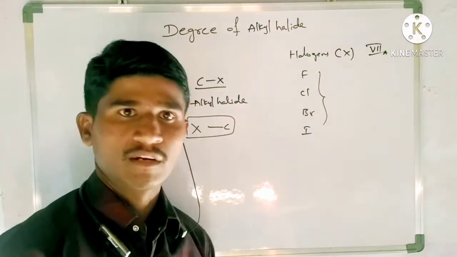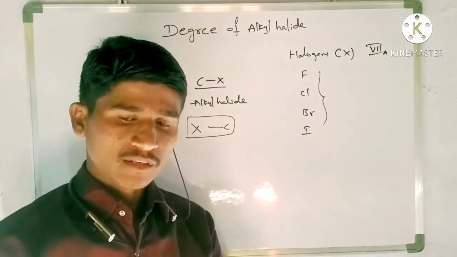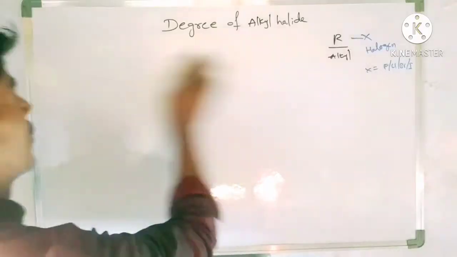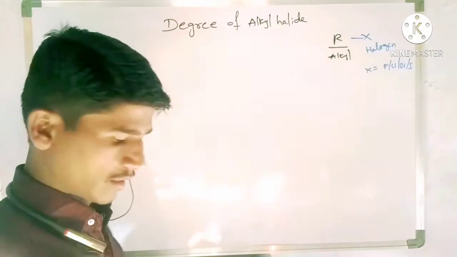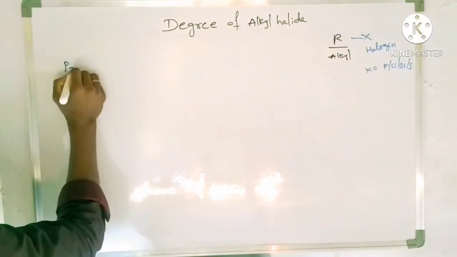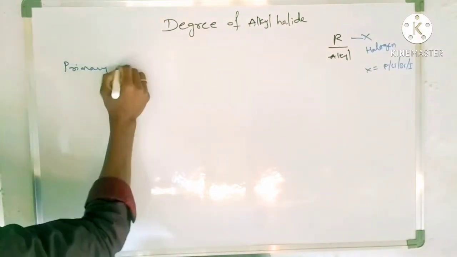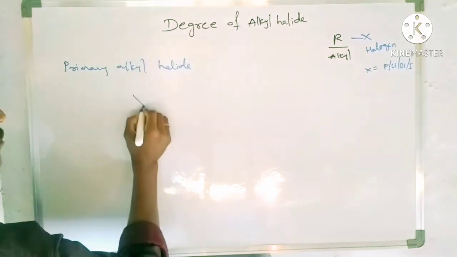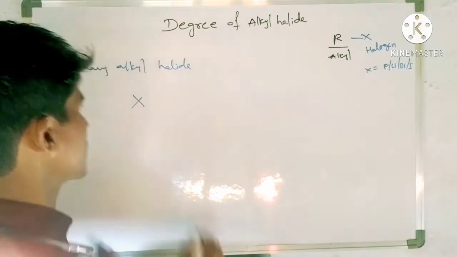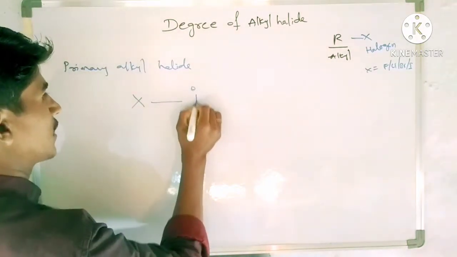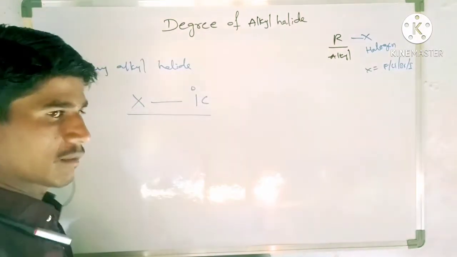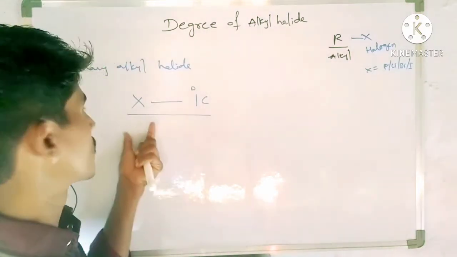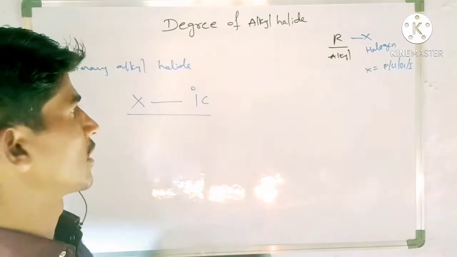What is the degree of alkyl halide? The degrees are primary alkyl halide, secondary alkyl halide, and tertiary alkyl halide. Let us discuss primary alkyl halide first. If a halogen group, or X group, is attached to the primary carbon, it is known as primary alkyl halide.